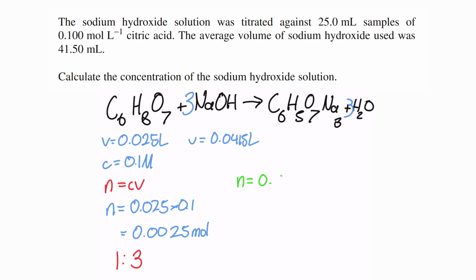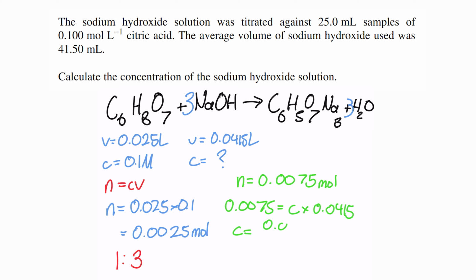So if we multiply it by 3, we'll get 0.0075 moles. Now again, using our n equals CV formula, we're going to find out what our unknown concentration is. So 0.0075 is equal to the concentration times the volume. So concentration equals 0.0075 over 0.0415, which is equal to 0.181 moles per liter, to 3 significant figures.